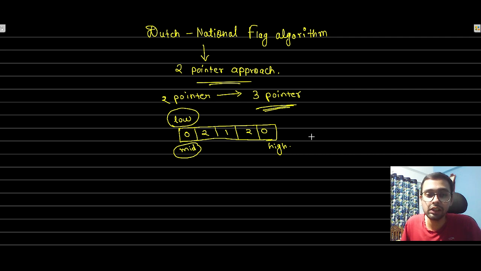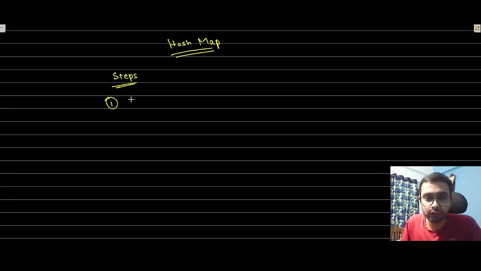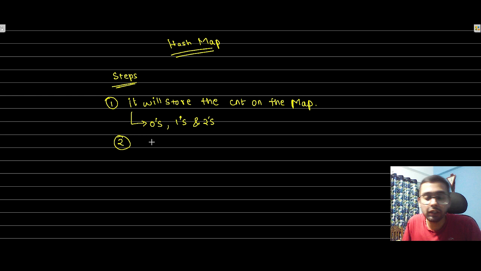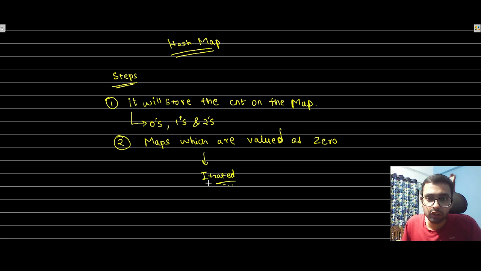We are using the hash map approach. First of all, it will store the counts in the map, that is zeros, ones and twos. Then the map will be iterated, and we will keep track of the updated map and increment the count as count plus plus.